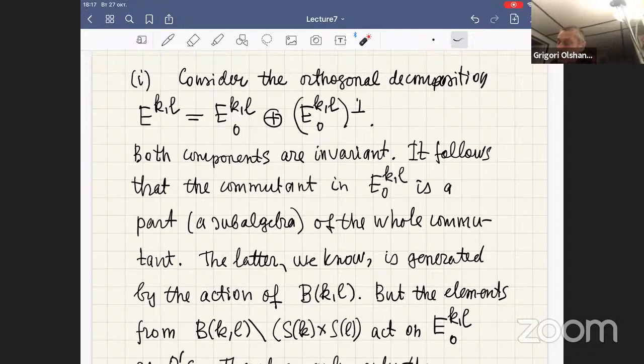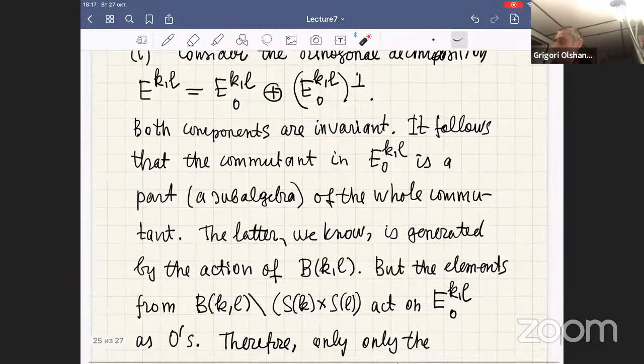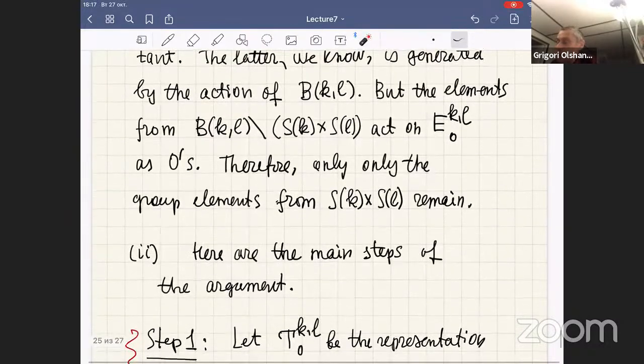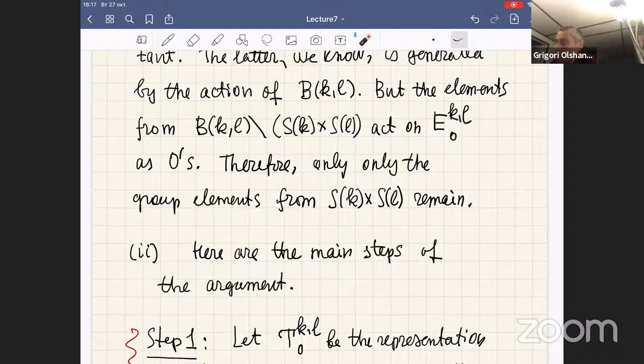Its action is trivial. It produces nothing. So the only elements which really operate on this subspace are elements of this group. Also we have to note that this space is preserved by these elements. This is one more observation which is important here.